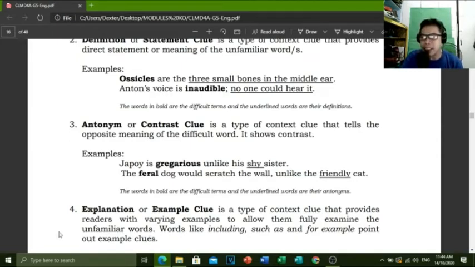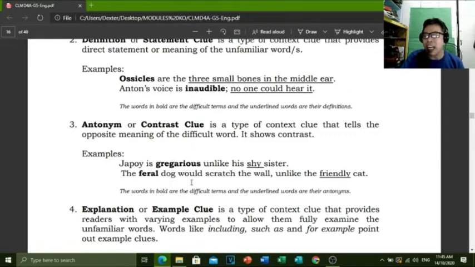But let us examine these following examples inside your module. Japoy is gregarious unlike his shy sister. So, the highlighted word, which is our unfamiliar word, is gregarious. So, ano kaya yung opposite meaning ng gregarious or yung opposite word of gregarious? Nandito na rin sa sentence. So, if you've noticed, shy.